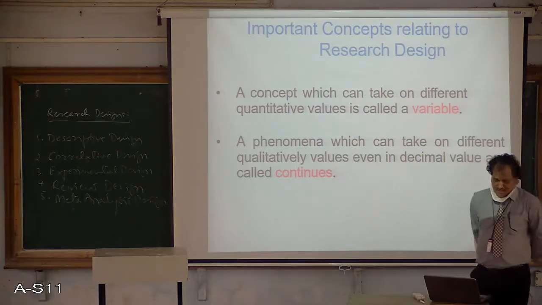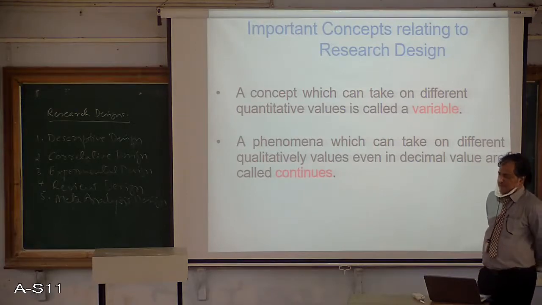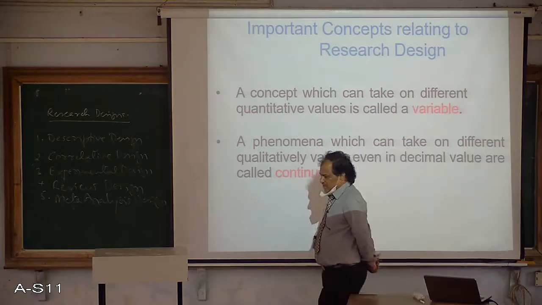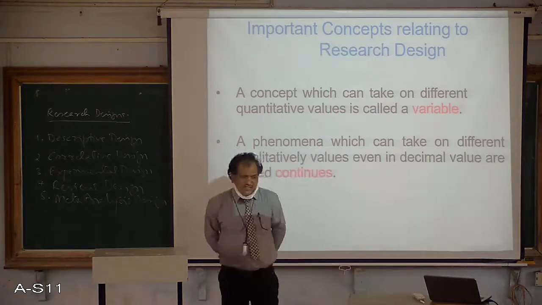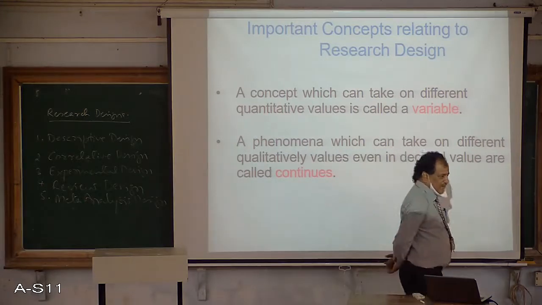So the concept which can take on different quantitative values is called a variable. That is common in all the three types of designs we discussed: experimental, simulation, or mathematical modeling.